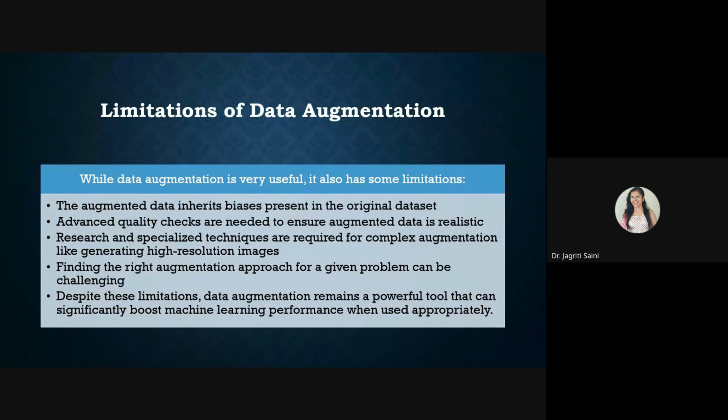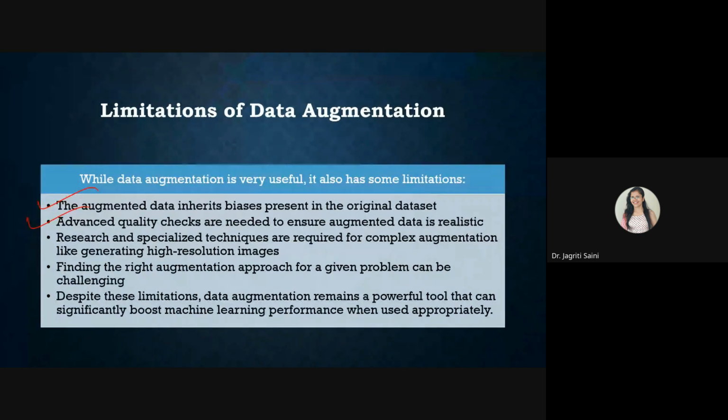So the last part we need to discuss is, because every technique that we follow in deep learning procedures, there are always some limitations that we have to talk about. The first part is, it always inherits some biases present in the original data set because we are deriving everything from there only. So when we are deriving it, some biases will always be inherited.